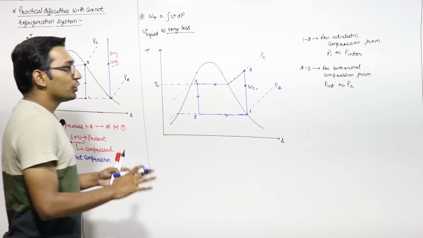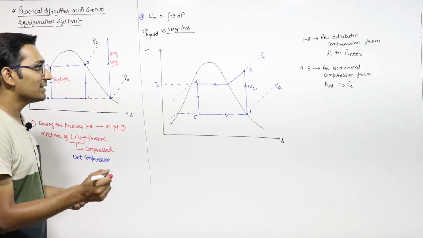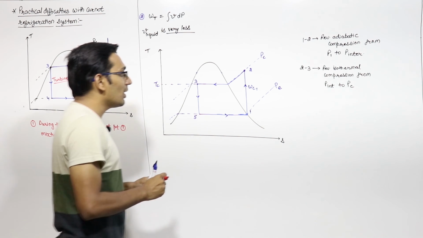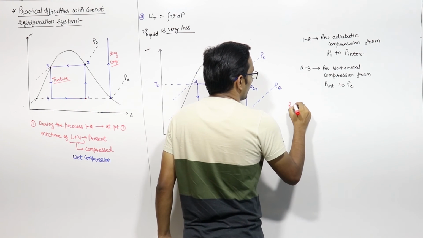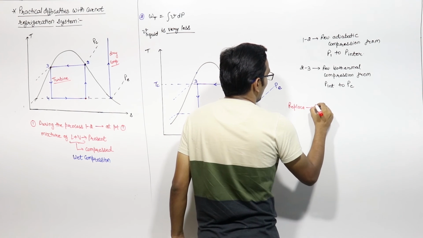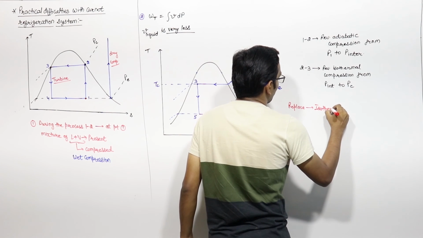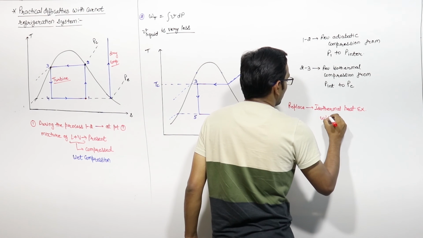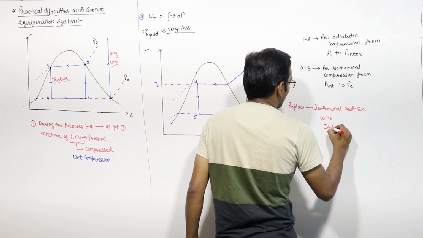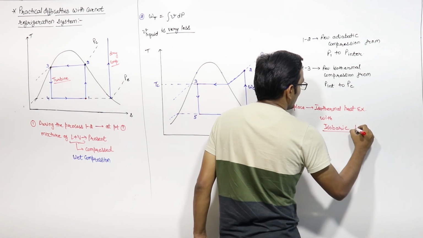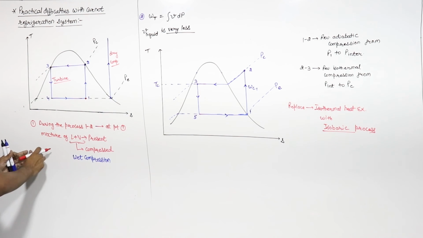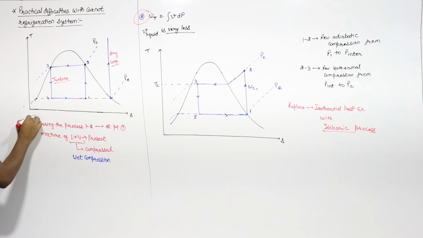So to get this dry compression in a single compressor, you have to replace the isothermal heat exchange process with an isobaric process. This is one modification. We want to overcome these two limitations of the Carnot cycle.